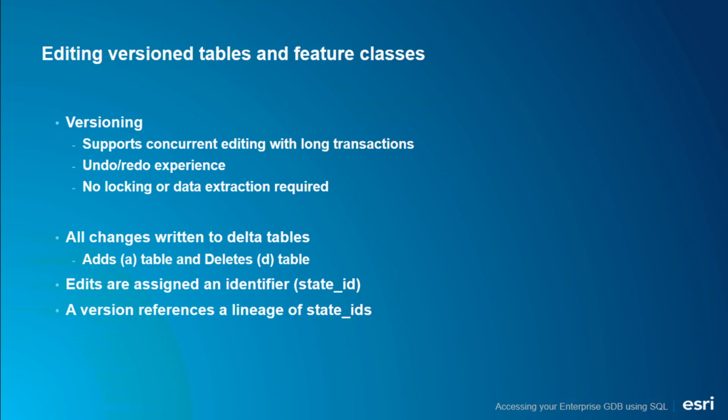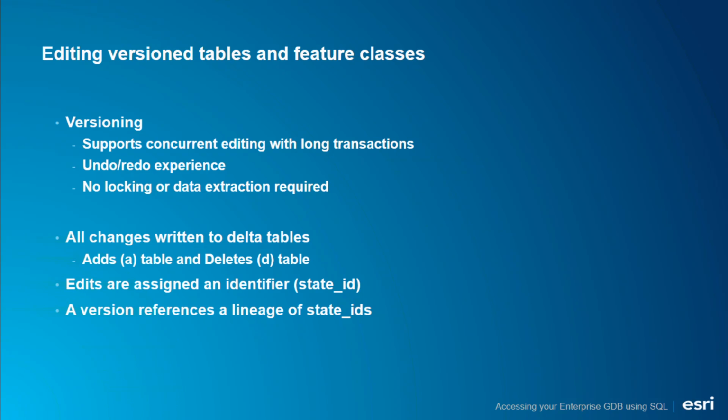So when it comes to editing the versioned tables or feature classes, as I mentioned earlier, we are going to talk about version views. When you register a feature class or a table with the geodatabase as versioned, a version view gets automatically generated, and you cannot see it from ArcCatalog because we want to hide it.